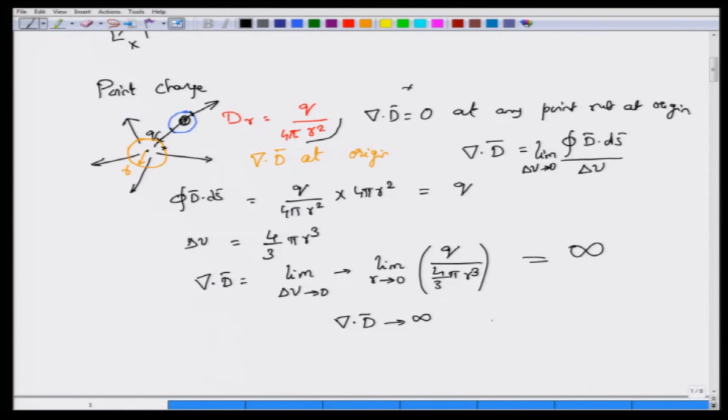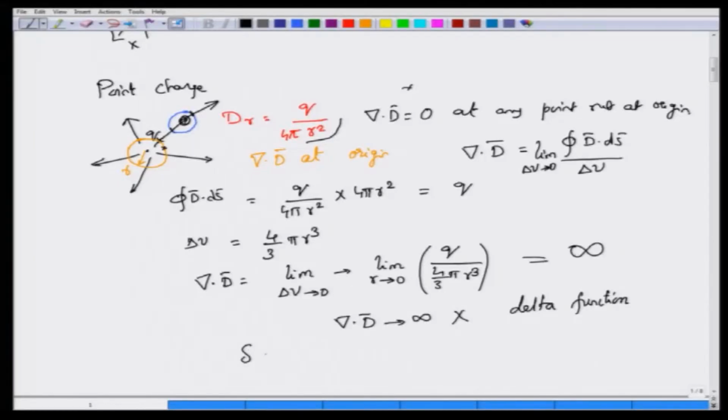So, this is clearly an unphysical result, and to deal with such unphysical results, mathematicians have introduced and physicists have extensively utilized this tool called delta functions. Okay. A delta function is something that shoots up to infinity at a particular point. However, if you integrate that function, the area under it would be equal to some finite value.